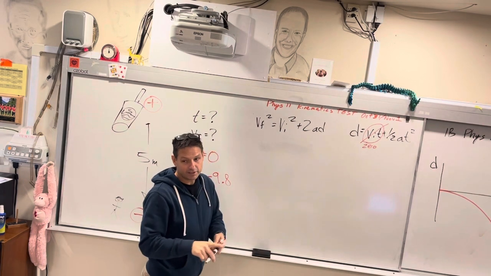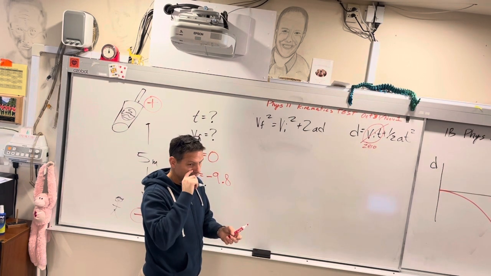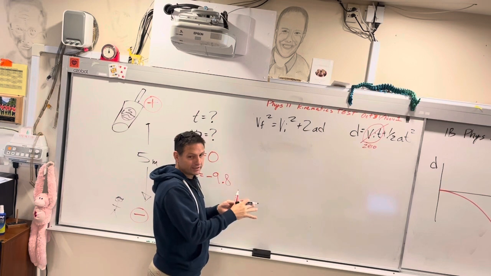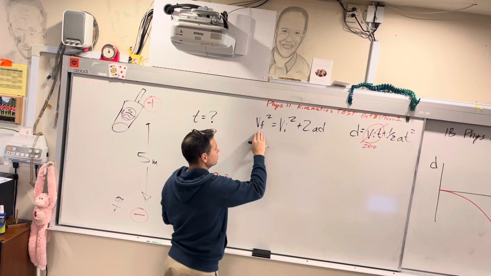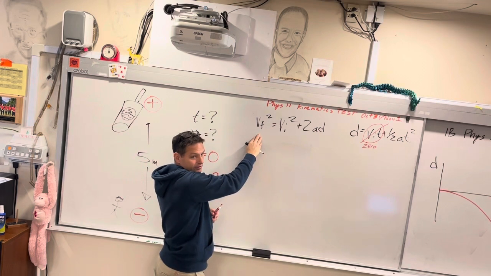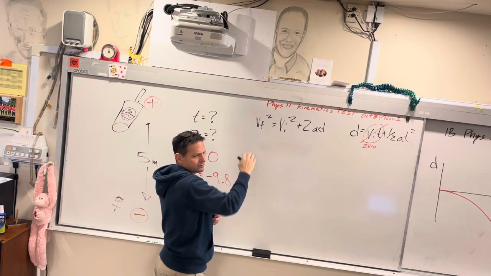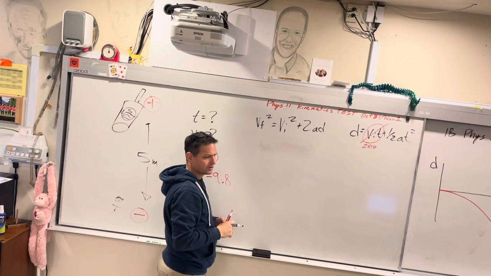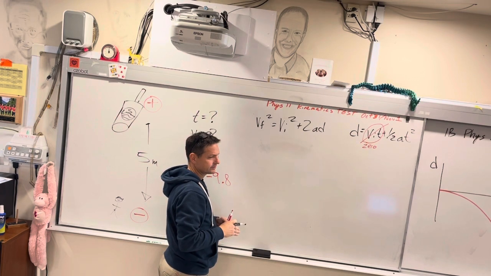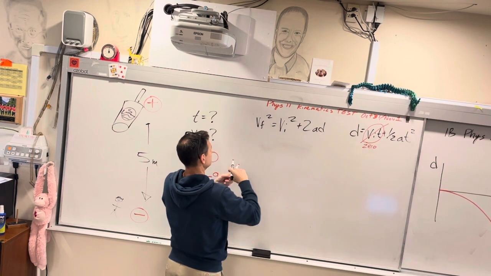I would like it if you all get to the place where, before we put any numbers in, we manipulate the formula. So how am I going to solve this for VF? Or is it already solved for VF? What do you think, Helena? Good, good.